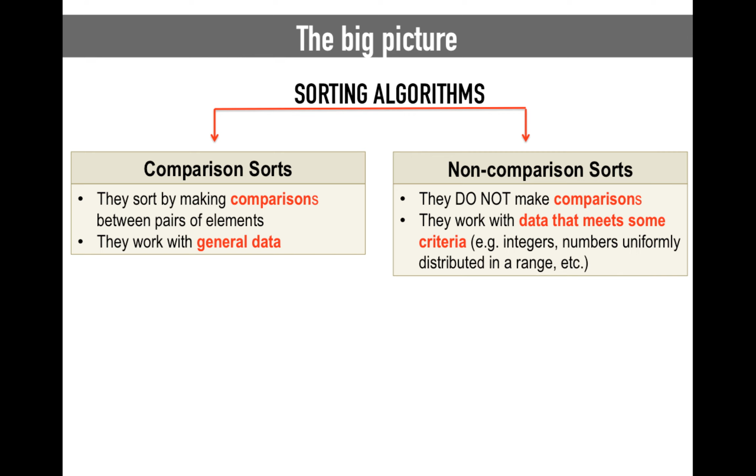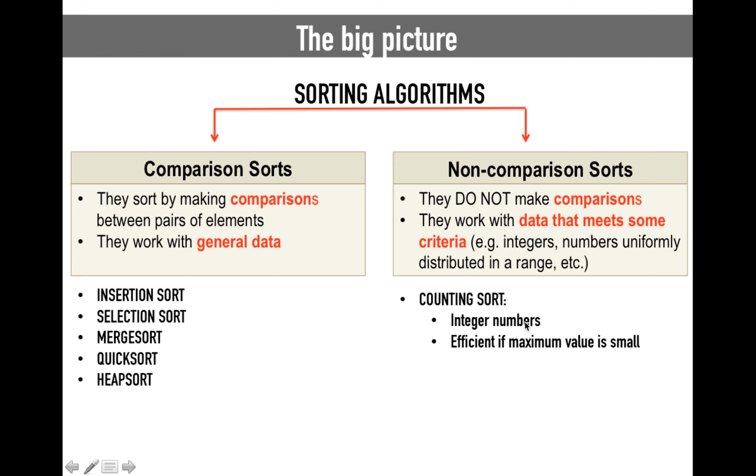In the case of the counting sort, it only works if you have integer numbers. Otherwise, you cannot apply counting sort. Other non-comparison sorts require other conditions, such as numbers uniformly distributed in a range, etc. But for our course, counting sort requires integers. And without integers, counting sort cannot work.